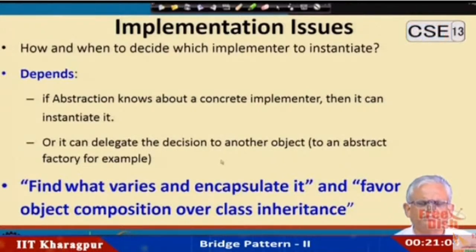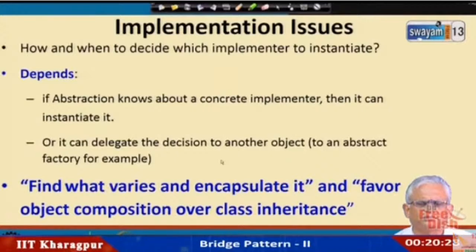In our code example, we had stored the specific or the required implementation class when we created the abstraction class. Through the constructor, we had given the reference of the implementation class. So that's a simple way to identify which implementer class method will be invoked.